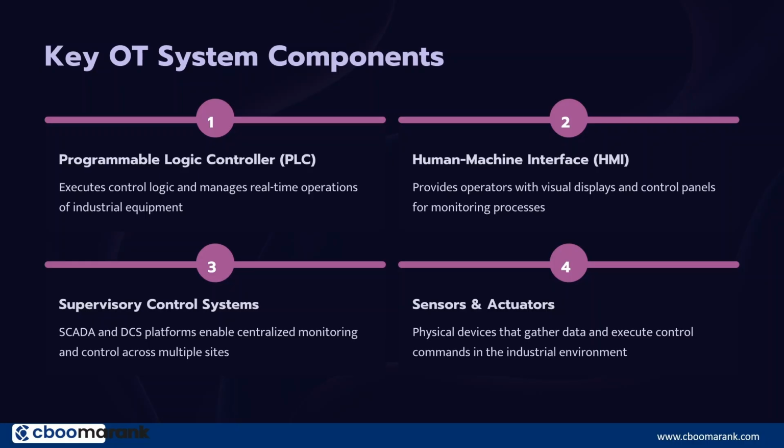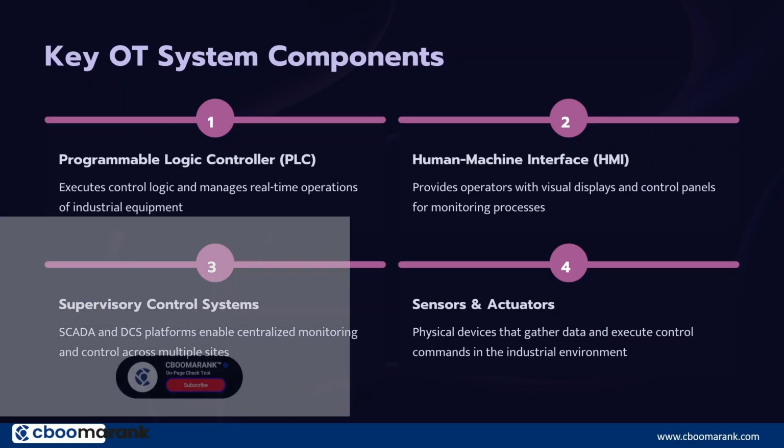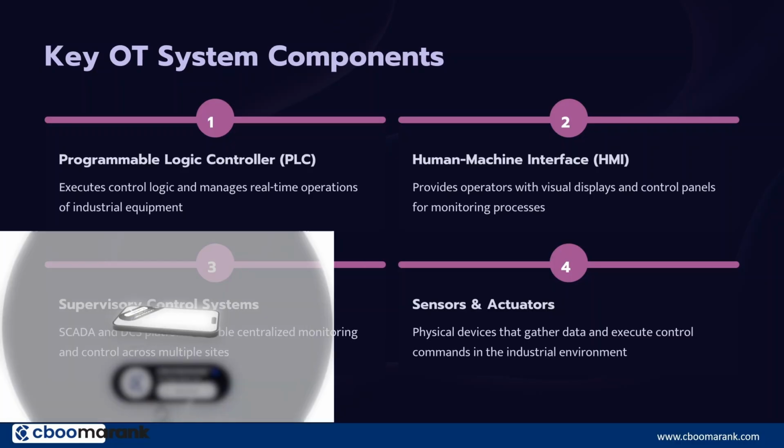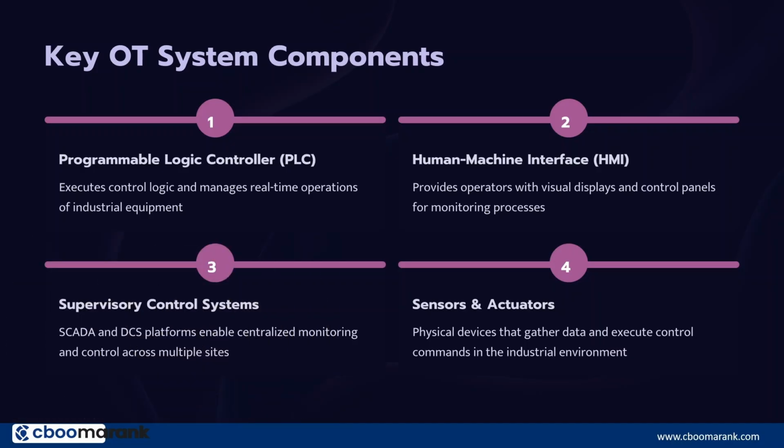The other thing is the supervisory control system, commonly known as SCADA, and DCS, which is the distributed control system, which provides centralized monitoring and control. SCADA stands for supervisory control and data acquisition.